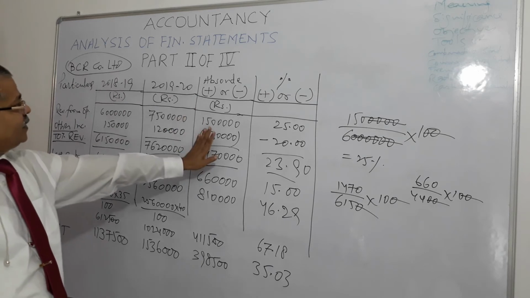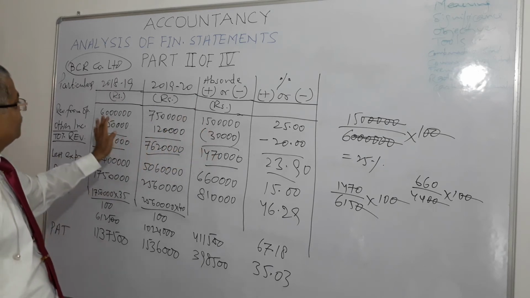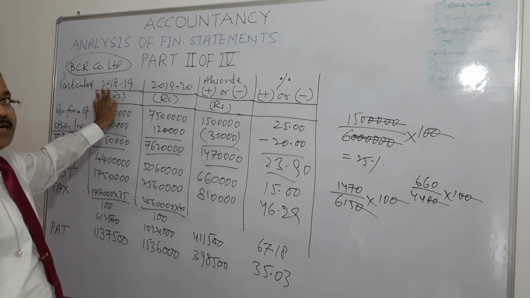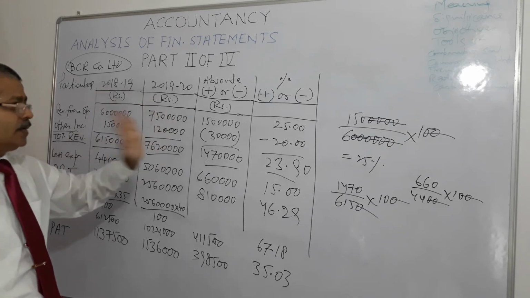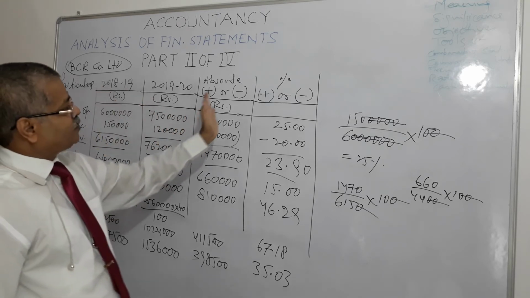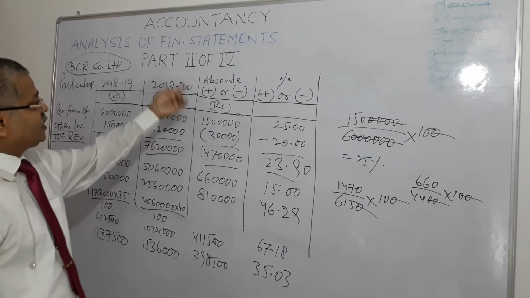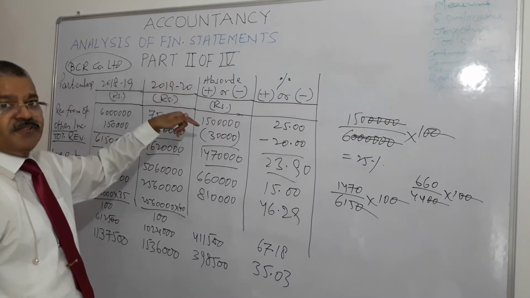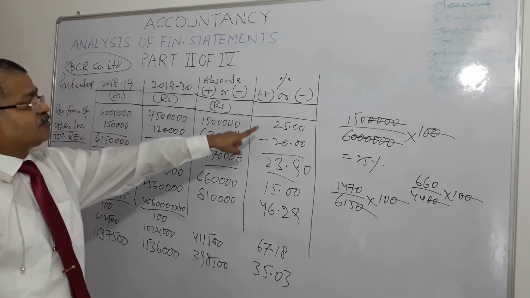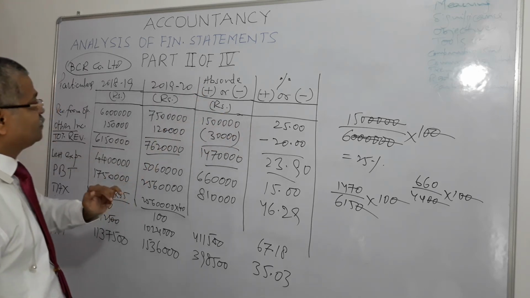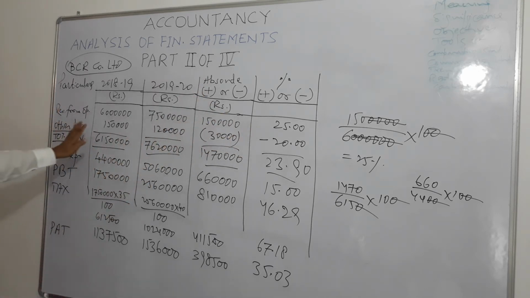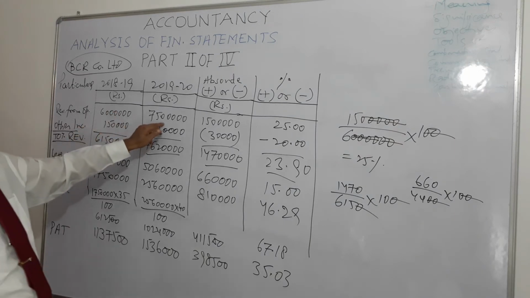This we get by deducting the 18-19 figure from the 19-20 figure, and then we express it as a percentage. Whatever the absolute change is, we express it as a percentage. Revenue from operations was 60 lakhs, it became 75 lakhs.